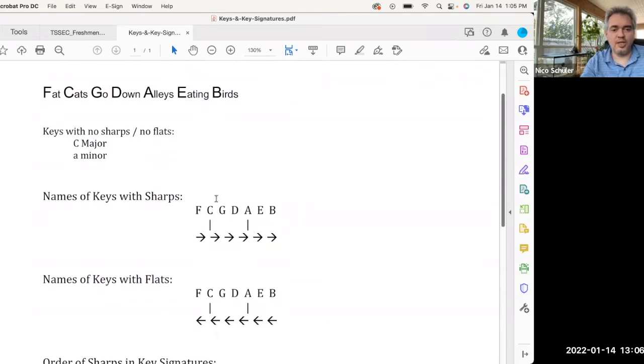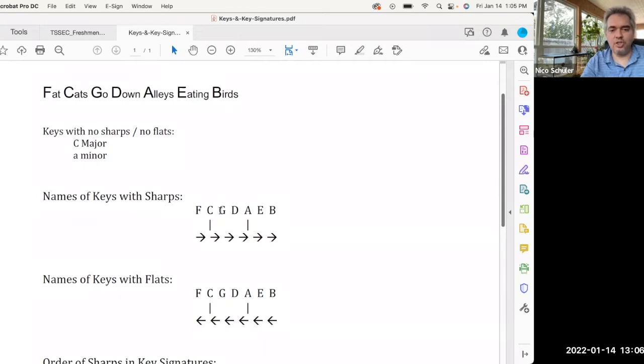First of all, we can identify the names of major scales. If we start on C, we know C major has no sharps, no flats. If we go to the right, then those are the names of major keys, and we always add 1 sharp.